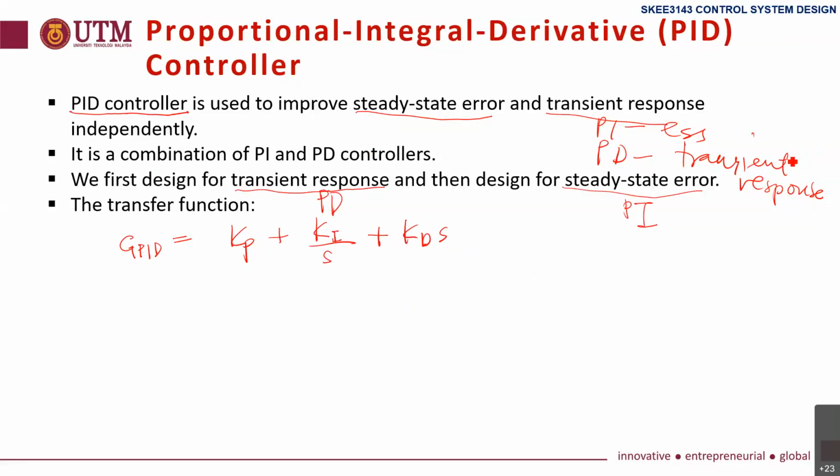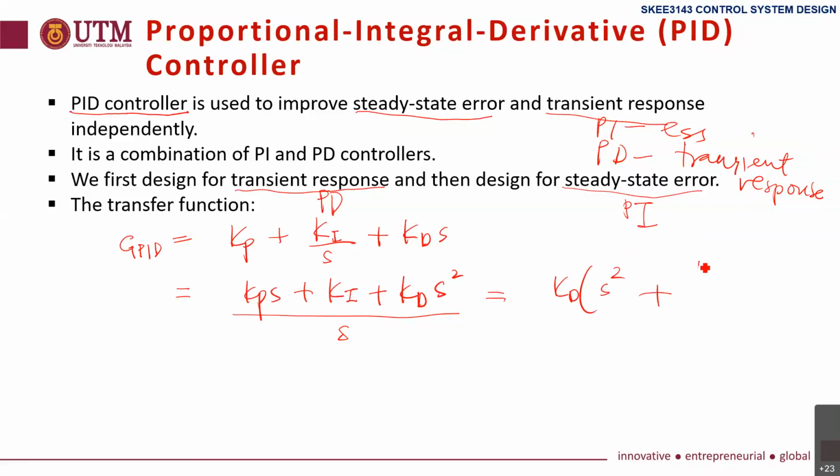For derivative, we multiply with S. It can be rewritten if I take a common denominator S. So it will be (KP S plus KI plus KD S squared) over S. Or it can also be written if I take out KD: KD times (S squared plus KP over KD S plus KI over KD) over S. I just take out KD and make a common second order system, S squared, second order.